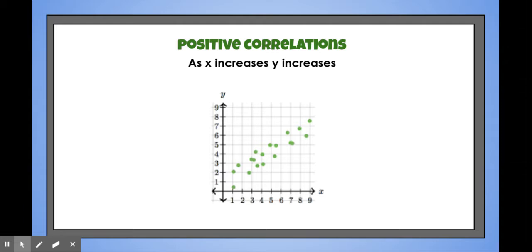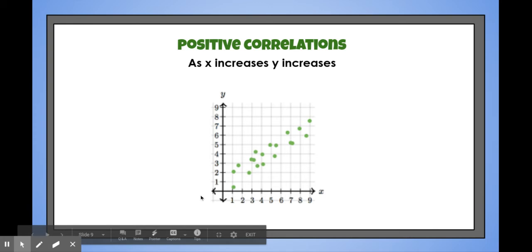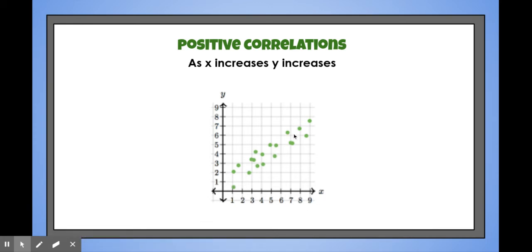First, let's talk about a positive correlation. Take a look at the example below. Notice where the green dots are. In this case, it's a positive correlation because as the x-axis increases, the y-axis, where these green plotted points are going, are also increasing.